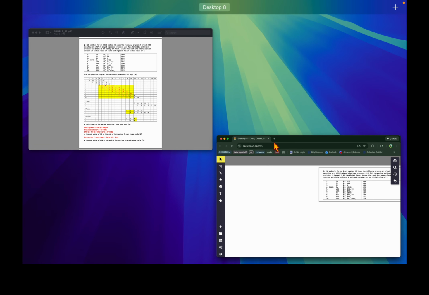Okay. With that being said, let me get the template because that has the answer key to it.